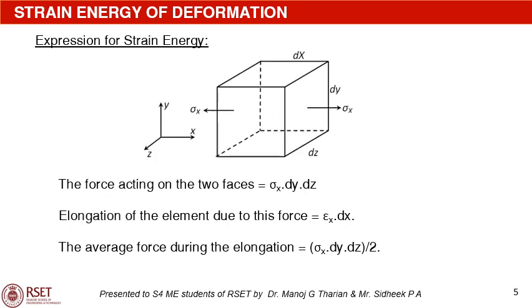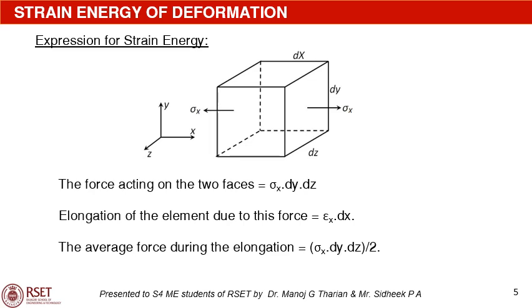Now, we will derive an expression for the strain energy in the case of an infinitesimally small stress element which is subjected to a uniaxial state of stress along the x direction. Consider an infinitesimally small element of size dx, dy, and dz.